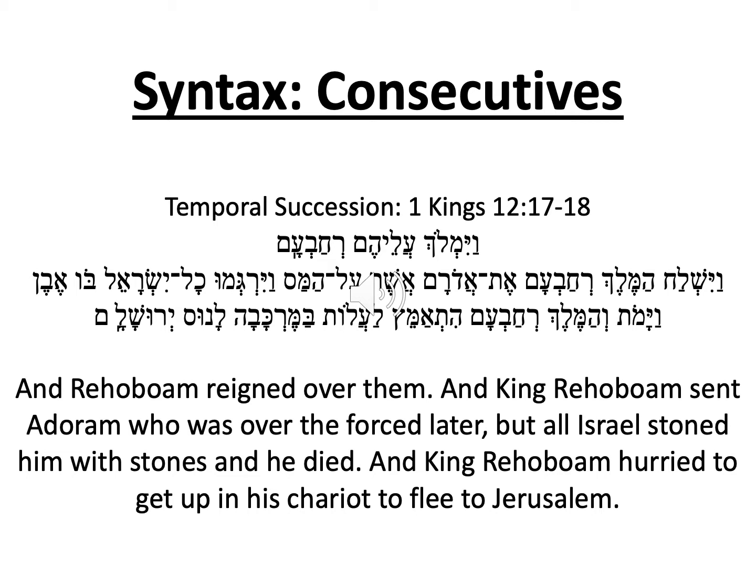So even though the vav is at the beginning of that clause, vehamelech Rehoboam, we have Rehoboam hurrying as an imperfect, but still consecutive to the he died of Adoram. So here we have a chain of vav consecutives, and then a yiktol form being used also as a consecutive, but without the vav. So we understand that these are temporally successive. They take place one after another until the verse concludes.